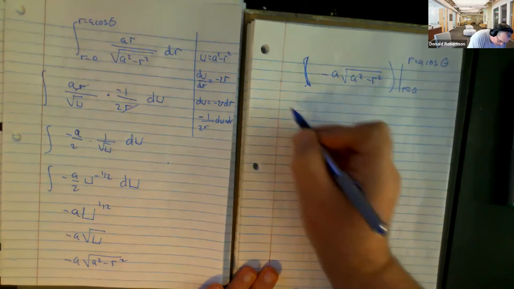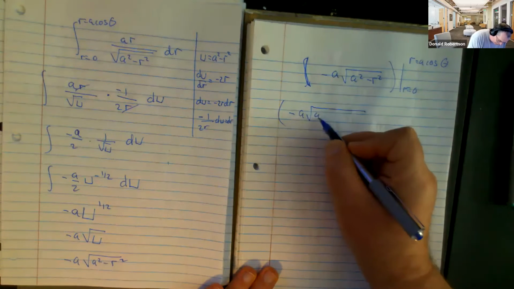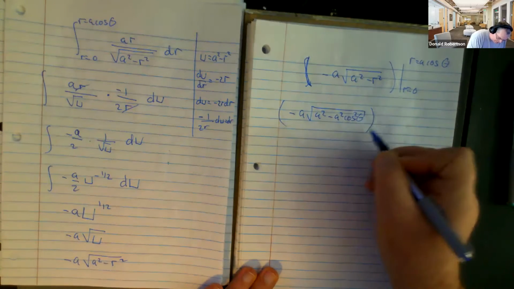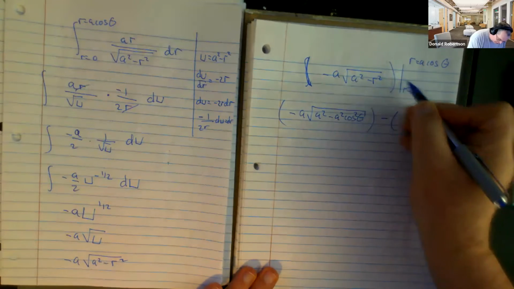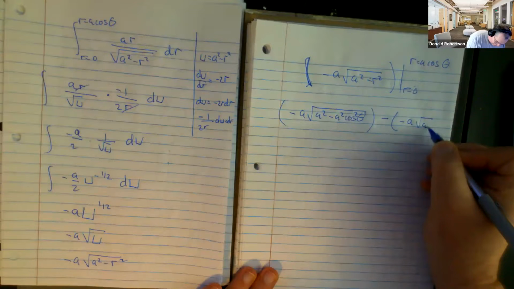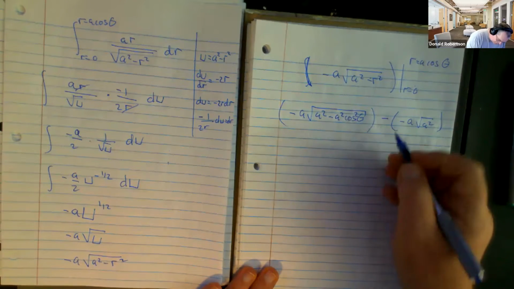So it's going to be negative a, the square root of a squared take away a squared cos squared theta, minus, plug in 0 here, you get a negative a, the square root of a squared, which is a times a is a squared, and then you add it.